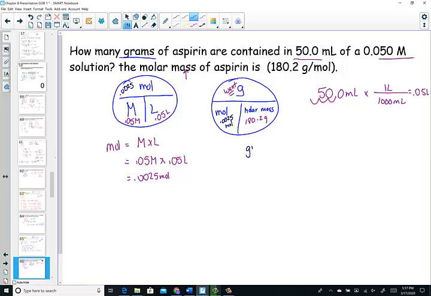And I can find grams in the next round little buddy by taking the moles times the molar mass, which is 180.2. I forgot that part. 180.2, and that gives us 0.4505. I'll make that 2 sig figs, so 0.45 grams of aspirin?